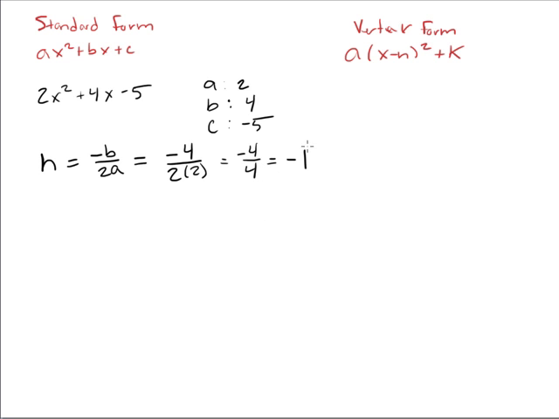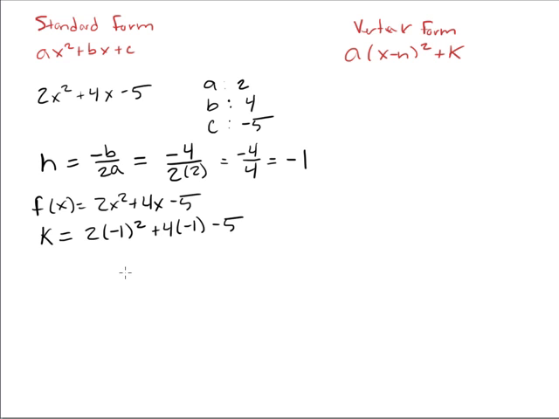Now, since -1 is the x value of the vertex, and my function is f of x equals 2x squared plus 4x minus 5, if I want to find k, which is the y-coordinate of the vertex, all I need to do is plug in -1 for x in my function. So k would be equal to 2 times (-1) squared plus 4 times -1 minus 5.